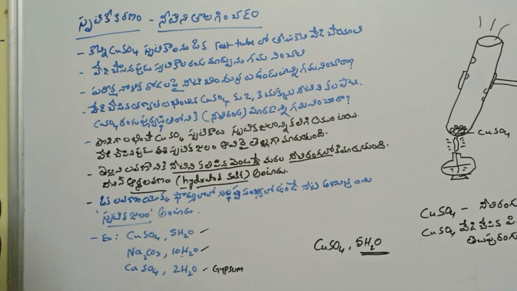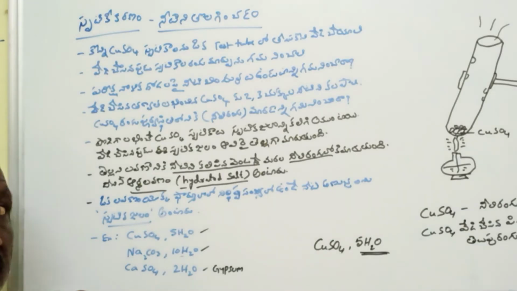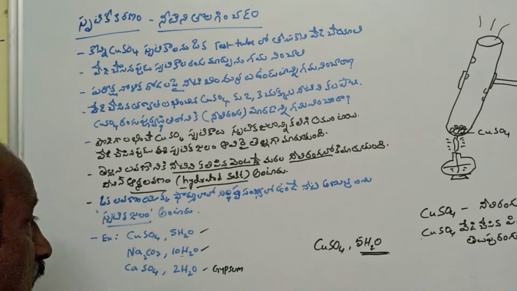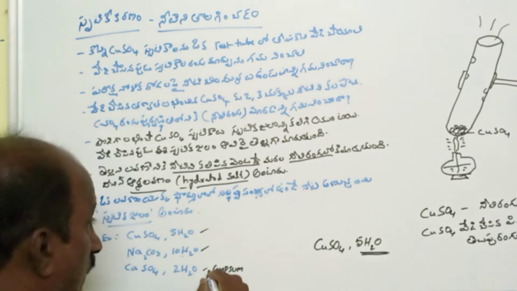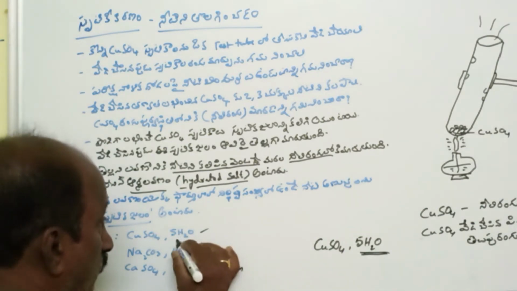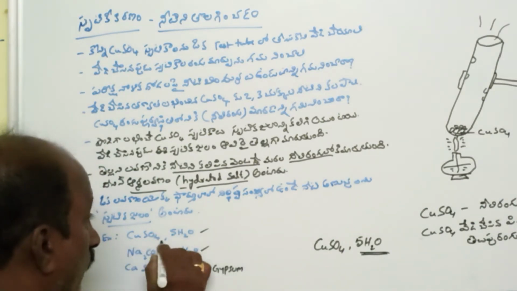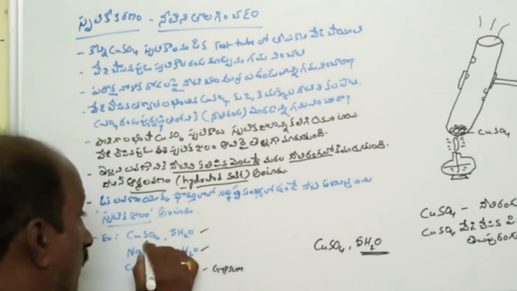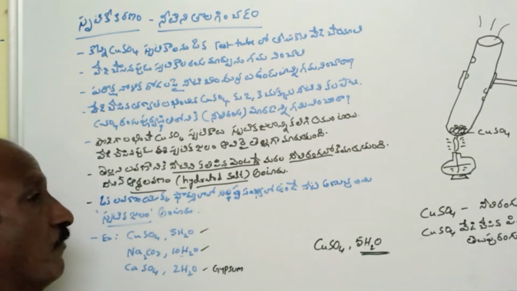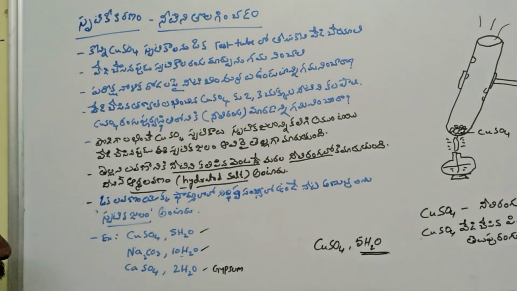If we touch them with our bare hands, they feel a little bit wet. The chemical formula for copper sulfate is CuSO4·5H2O.